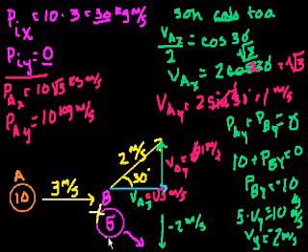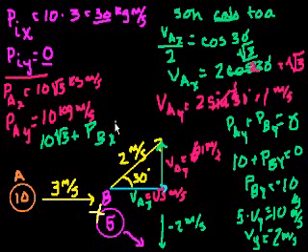So now let's figure out the velocity of B in the x direction. I'm running out of space and it's getting messy. But we just have to remember that the momentum of A in the x direction, which is 10 square roots of 3, plus the momentum of B in the x direction has to equal what? It has to equal the initial momentum in the x direction, which is 30.